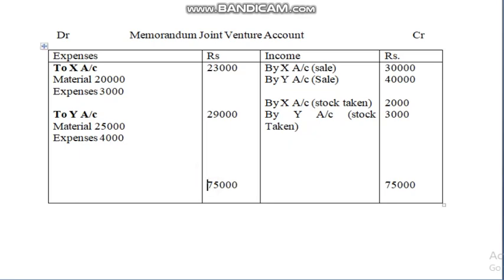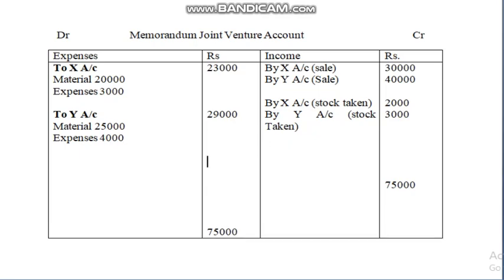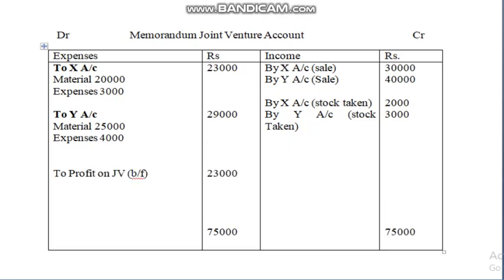The balance figure on the debit side will be 75,000 minus 23,000 minus 29,000, that is rupees 23,000. This balance figure is considered as profit on joint venture, and this profit is distributed to X and Y in the ratio of 2:3.